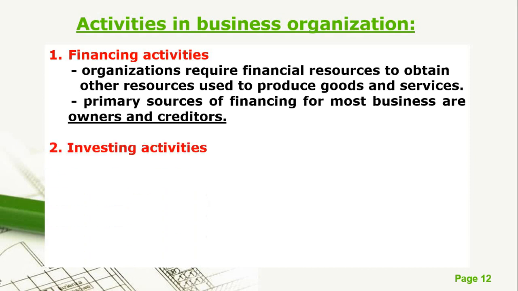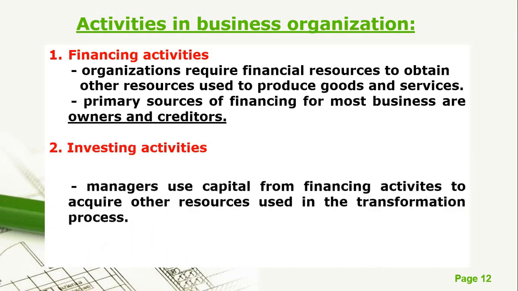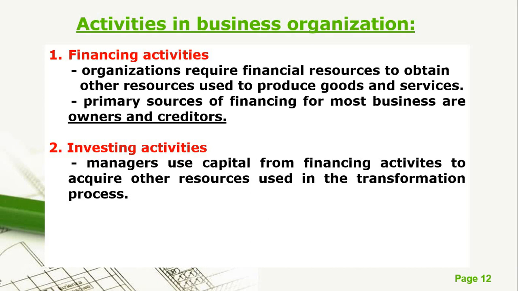Okay? Next are investing activities. So what do we mean by investing activities? Managers use capital from financing activities to acquire other resources used in the transformation process. So investing activities are actually when you buy non-current assets. When you buy or sell non-current assets, those are investing activities.